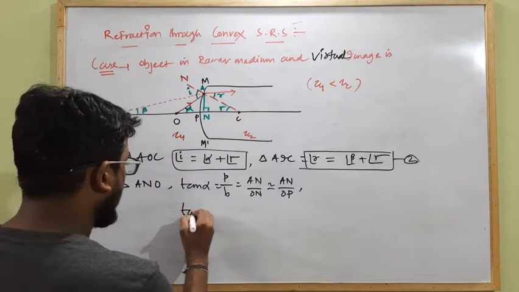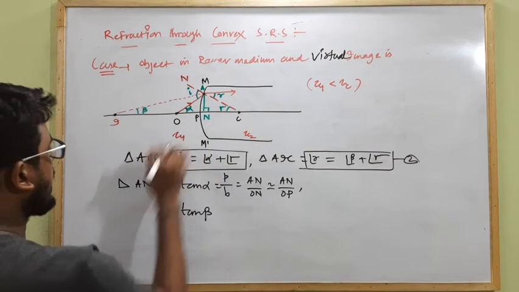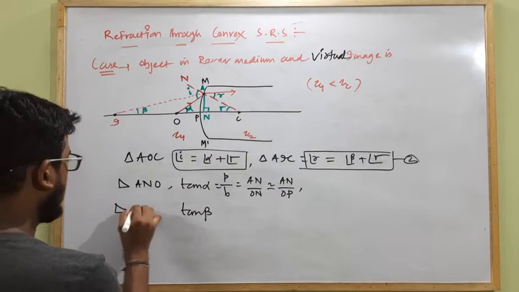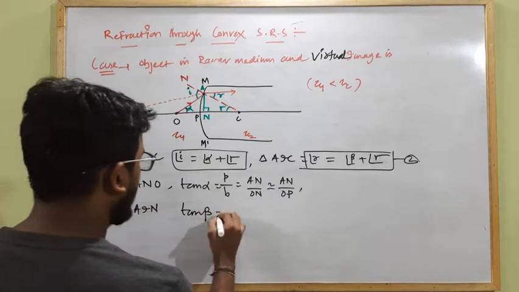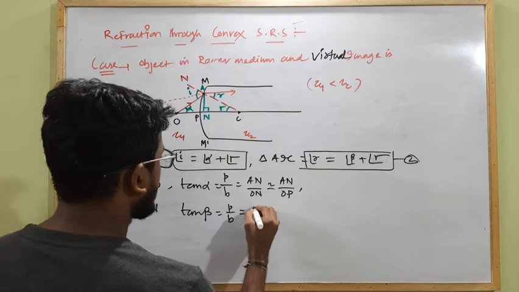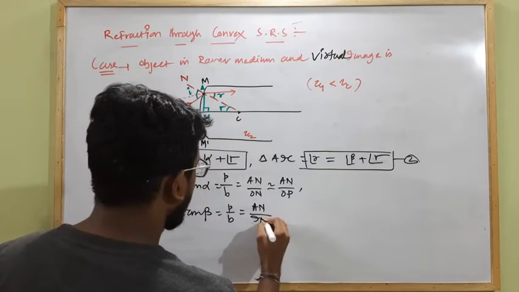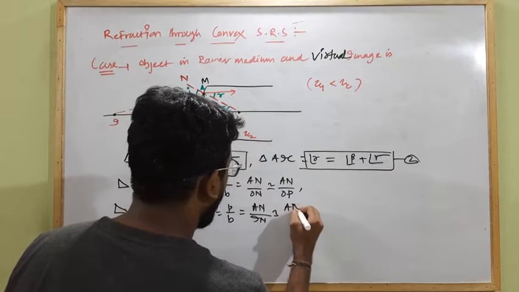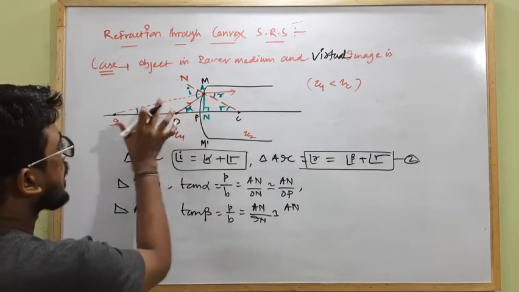Similarly, tan beta in right angle triangle AIN equals again P by B, which is equal to AN divided by IN, and as the aperture is small, IN is nearly equal to IP.